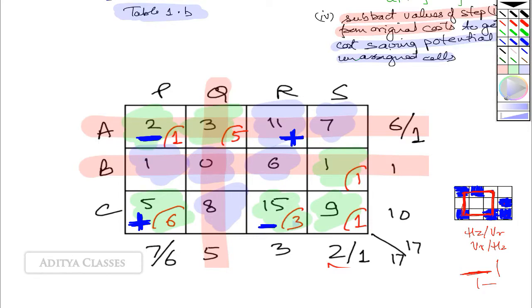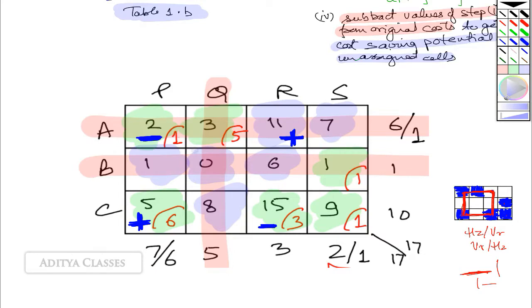In subtractions, can I remove 1 unit from here? Let me check only these cells where I am reducing the load. Can I remove 1 unit from here? Yes, I can remove. Because there are 3 units, I can remove 1 unit. Can I remove 1 unit from here? Yes, I can remove. I have 1 unit, I will remove that 1 unit. Perfect. Can I remove 3 units from here? No. Removing 3 units from here is just not possible. Can I remove 3 units from here?